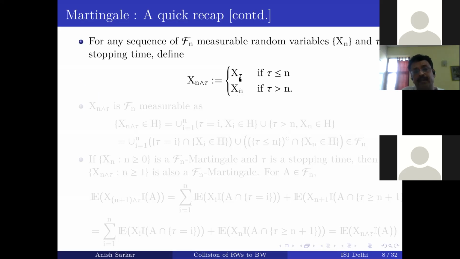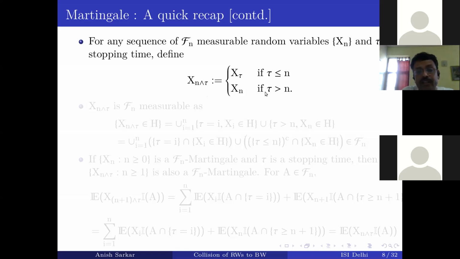So for example, let's say for some omega, tau omega equals 20. Then x1 minimum tau would be x1, x2 minimum tau would be x2, x3 minimum tau would be x3, and so on up to x20 minimum tau, which would be x20. But what happens to x21 minimum tau?